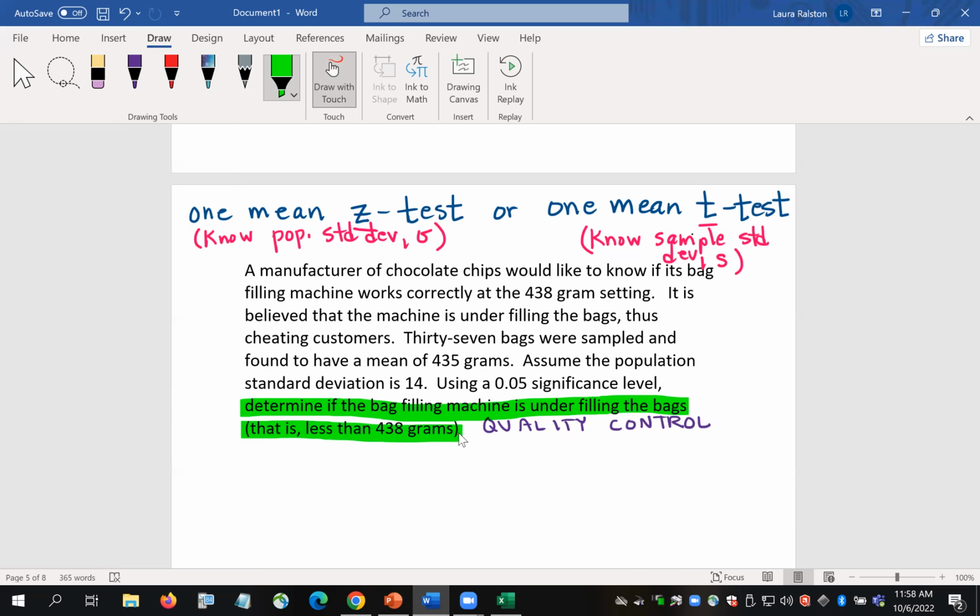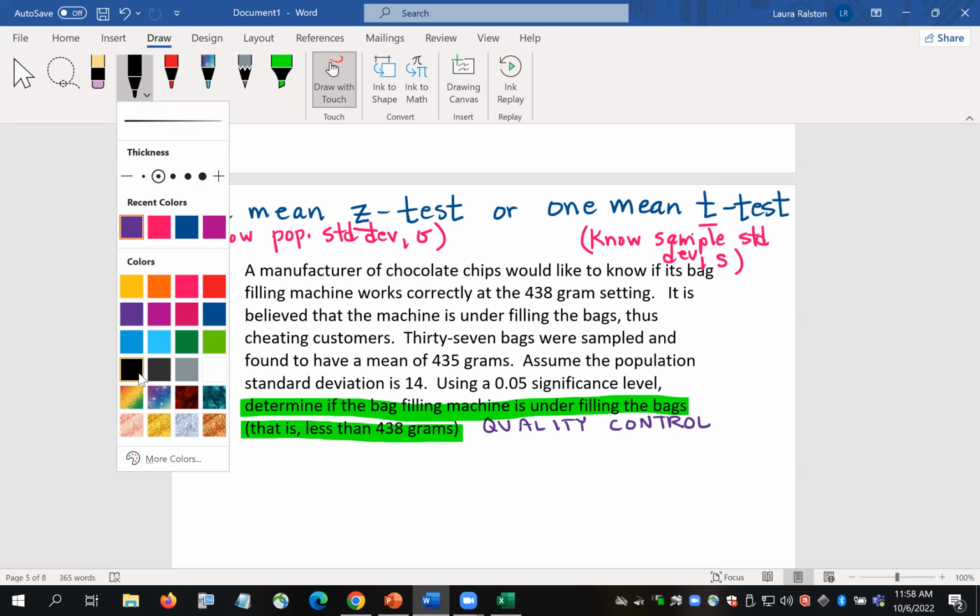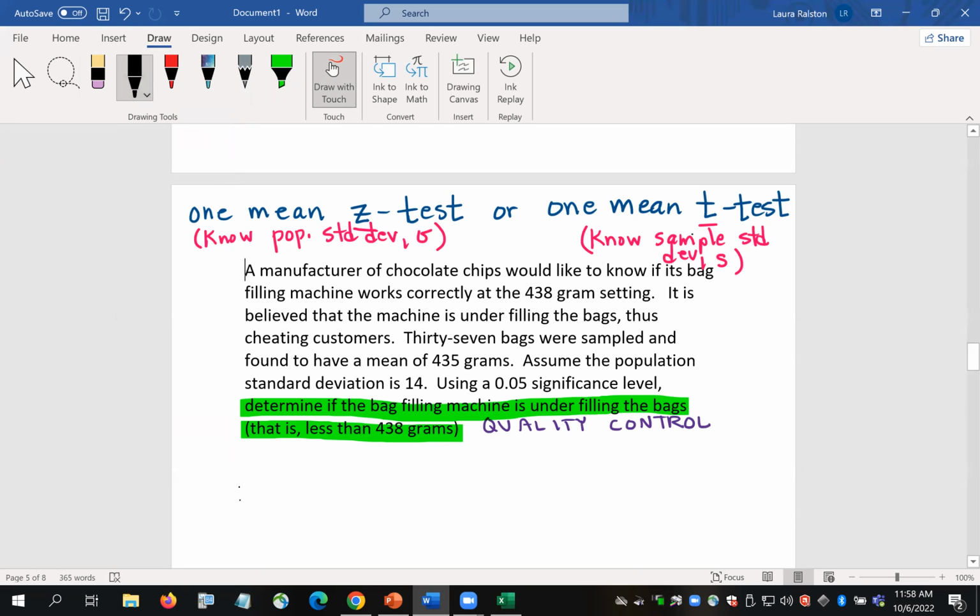That means they're putting less than 438 grams in the bag. Okay, so when you read these scenarios that you're going to be seeing in the course, and in reality, you would be the one saying, okay, I need to figure out, is it underfilling the bags and what that means? But I've told you that in this problem.